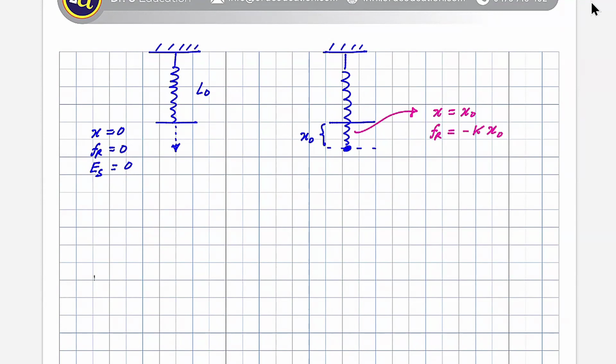In the exam, it should be given to us. So restoring force is minus k x0. Then what about the spring energy? That's going to be half k x0 squared, because x0 is the extension from the rest position.